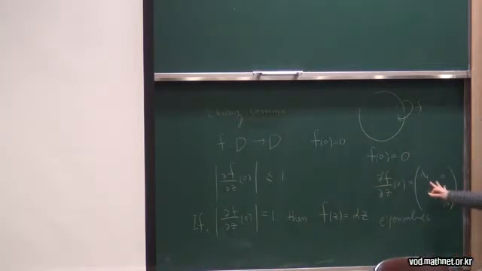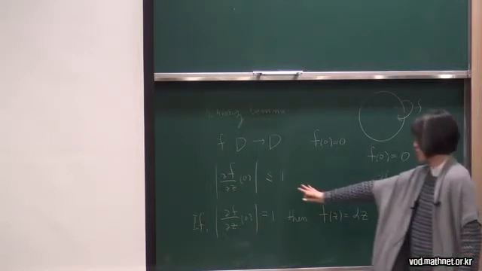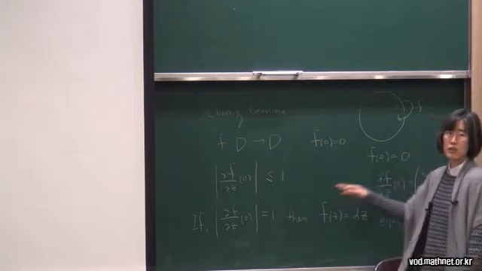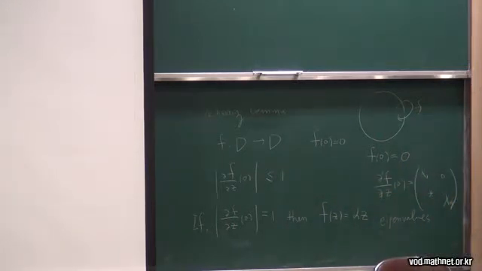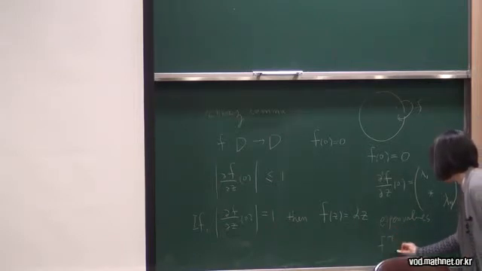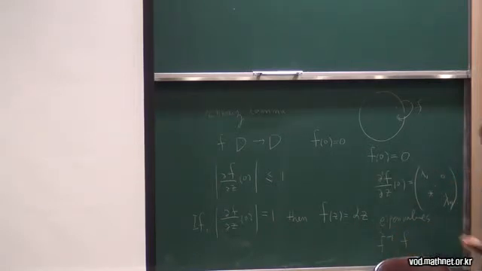So each eigenvalue must have absolute value less than 1, and we can apply the same lemma to the inverse of F. So F inverse and F, those two have this property. So any eigenvalue must have absolute value 1.